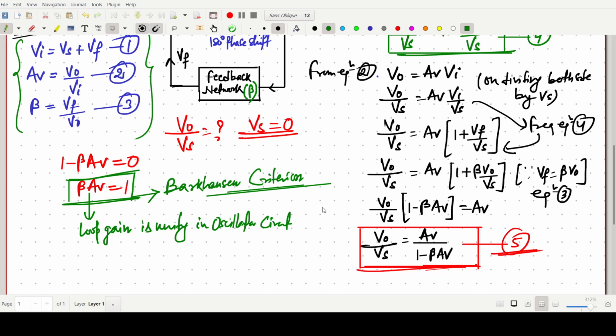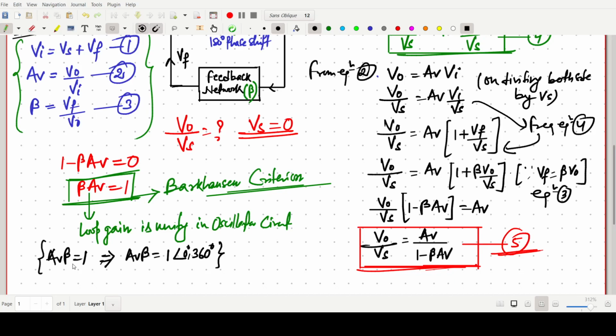So we can write AV beta equals 1, or if we write it in polar form, this AV beta can be 1 with an angle of 0 degree or 360 degree.